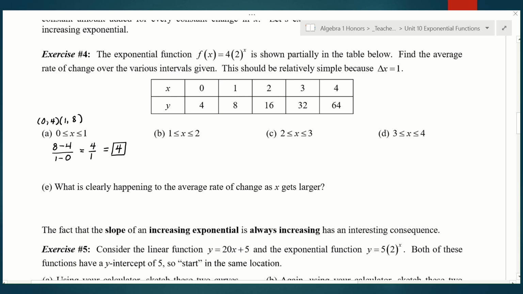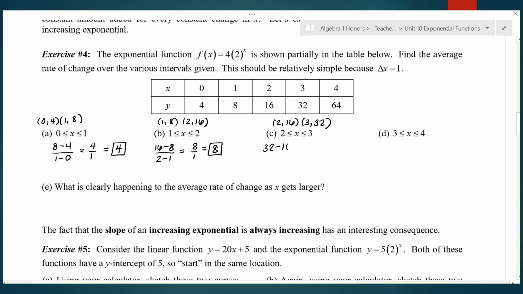Okay, we could do the same thing for the interval from 1 to 2. So if I use those points, I'm looking at 1, 8 and 2, 16. So I do y2 minus y1 over x2 minus x1, and I get that the average rate of change between those 2 points is 8. Okay, let's keep going. So the interval 2 to 3, I'm using 2, 16 and 3, 32.